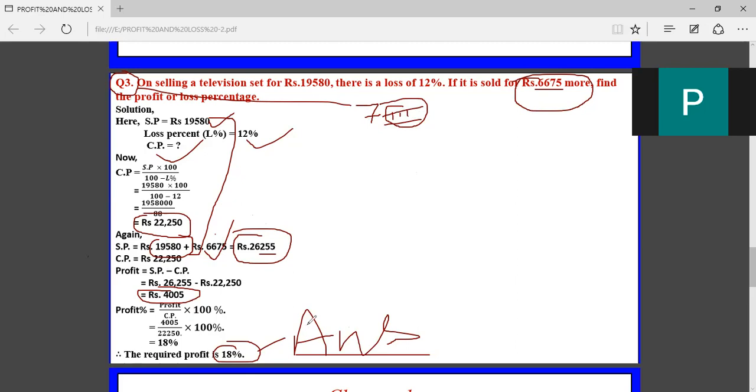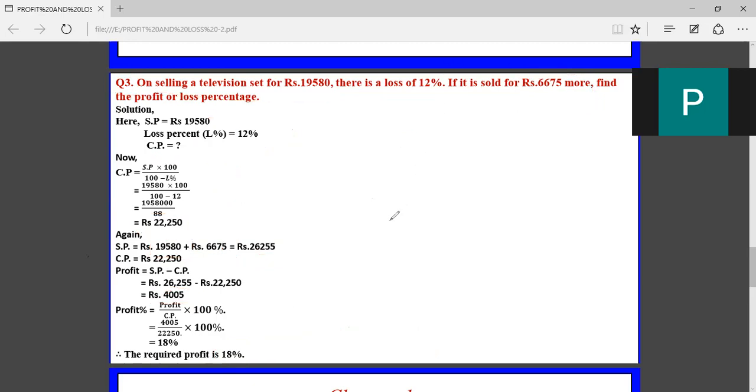Okay, now I am moving to question number 8. Look there, question number 8. Rujal had bought 50 bulbs. Look here, how many bulbs were bought? 50.